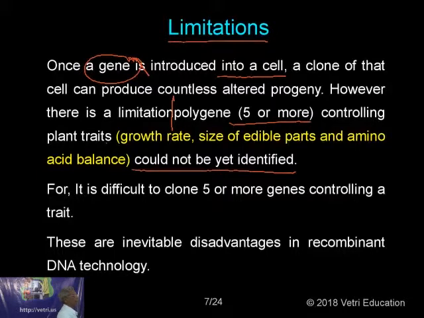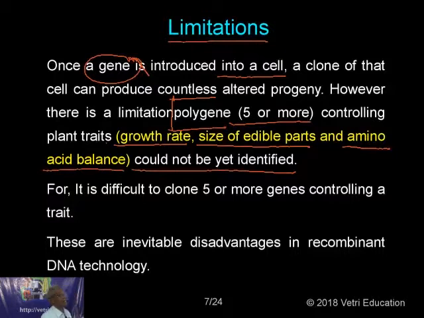Okay, that's good. But this is not applicable for polygene. When you take many genes controlling a plant character, say growth rate, size of the edible parts, and amino acid balance. If you are dealing with these characters, what characters?